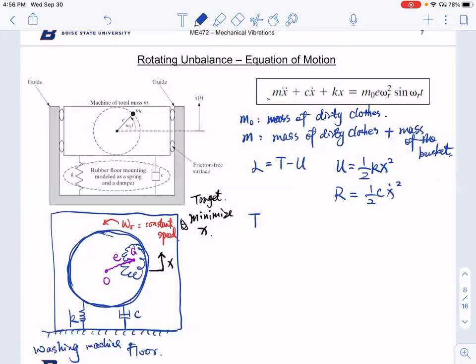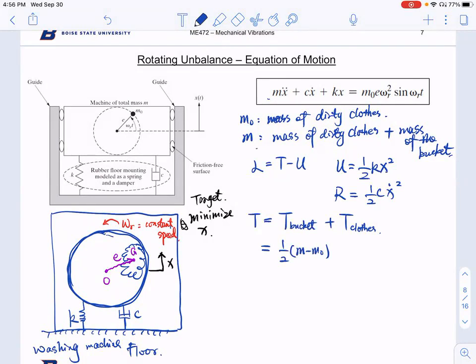Usually the challenging part is the kinetic energy. So the kinetic energy, we can divide it into two parts, right? The kinetic energy of the big bucket and also the clothes. Your bucket has a mass of M minus M naught.